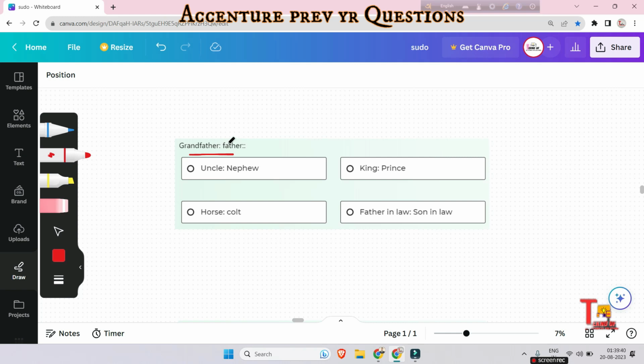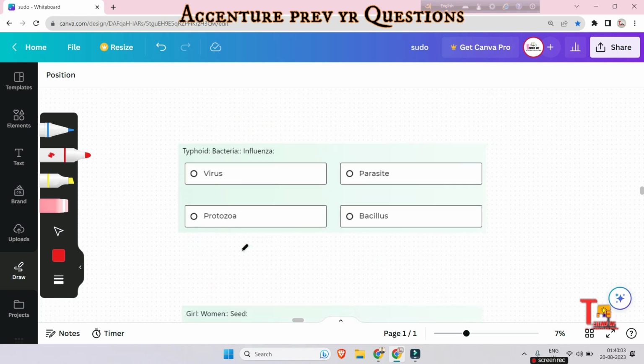So he is father and he is son. So it is a son and father relationship. Where is the son and father relationship among the options? Here. It is also a relationship between a father and a young one. So this will be the answer in this case. Okay, let's go to the next question.